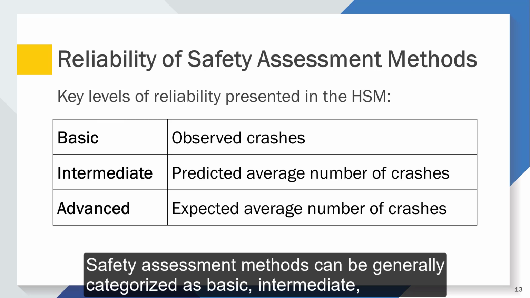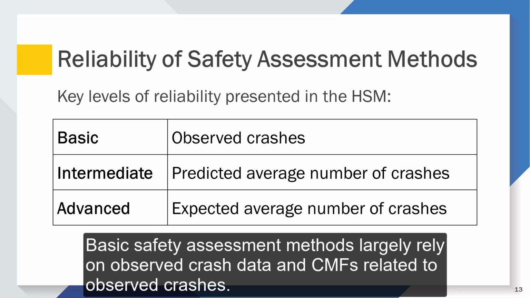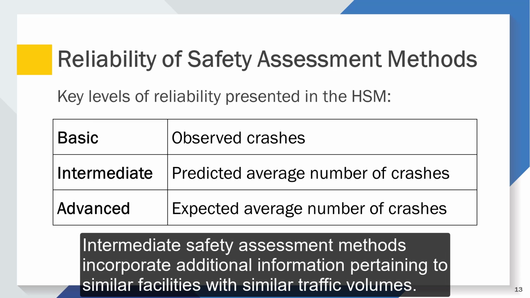Safety assessment methods can be generally categorized as basic, intermediate, and advanced based on the use of these foundational elements. Basic safety assessment methods largely rely on observed crash data and CMFs related to observed crashes. Intermediate safety assessment methods incorporate additional information pertaining to similar facilities with similar traffic volumes.